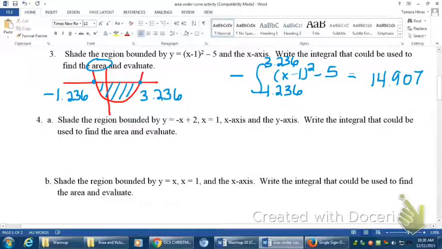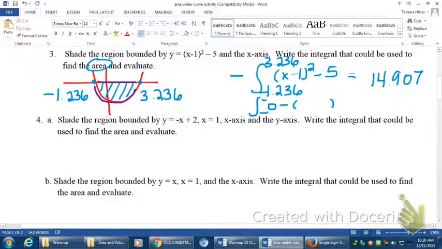Now, what you're going to find out is that we're going to have different figures, and no matter what the figure is, when you find the area, you're going to be looking at the top function and the bottom function, and you're going to subtract those two functions. So this is the same as saying 0 minus the function from the same values, because 0 is the top function, and then the parabola is the second function.